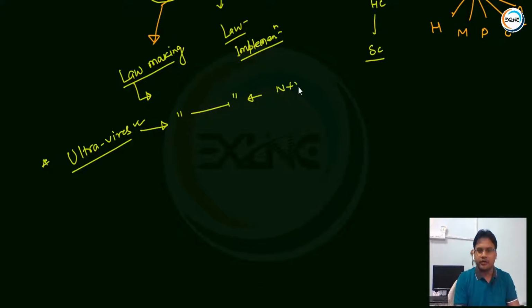Null and void. Whenever a law is found to be ultra vires by the judiciary, the judiciary declares the law null and void and that law will not be implemented. So this is one aspect you should keep in mind. The Indian constitution is very unique in character.